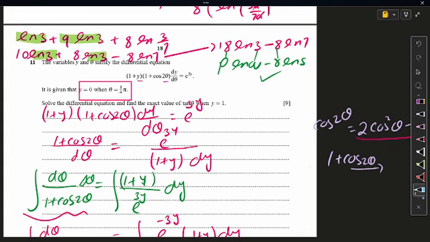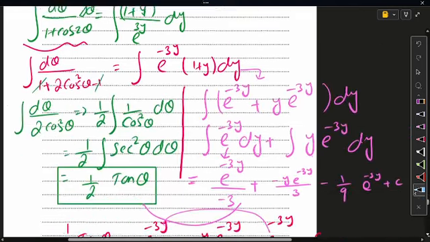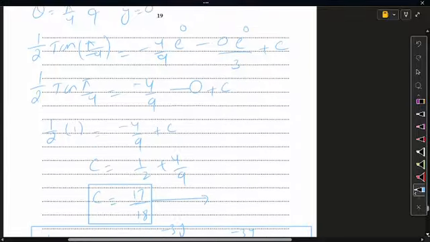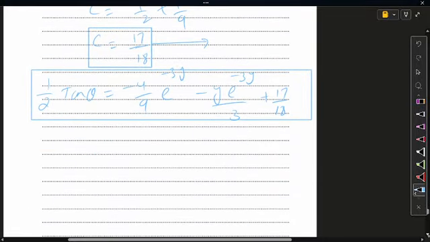That is the final answer up to this point. Now you have to restrict that y is equal to 1. After finding the value of c, you have to put y equal to 1 in the last form. So everywhere that contains y you have to put back 1. Here, here and here.